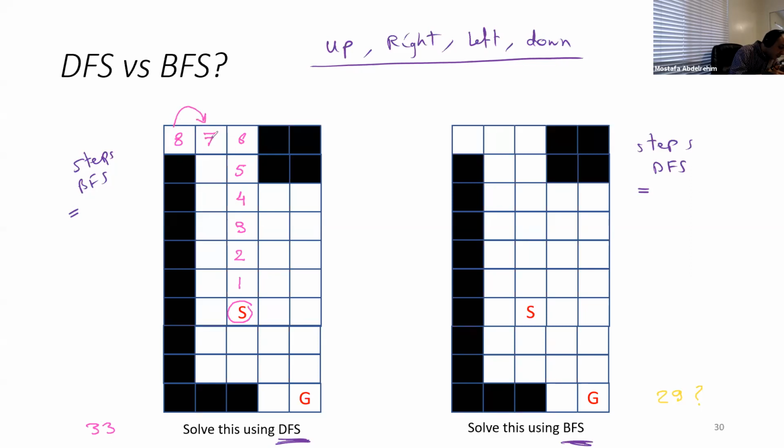At 7, we couldn't explore the up because it's already explored. We explore this. Another possibility is here. So this is 9. We go from 9. One possibility 10, 11, 12, 13, 14.